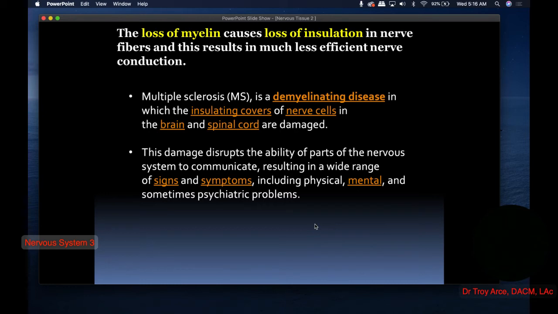And this damage disrupts the ability of parts of the nervous system to communicate, resulting in a wide range of signs and symptoms, including physical, mental, as well as sometimes psychiatric problems. So you may be asked a question in the near future, the difference between multiple sclerosis and Parkinson's disease. We're going to get into Parkinson's as well, but understand that MS for now is a demyelinating disease, and that it can result in a wide range of signs and symptoms.